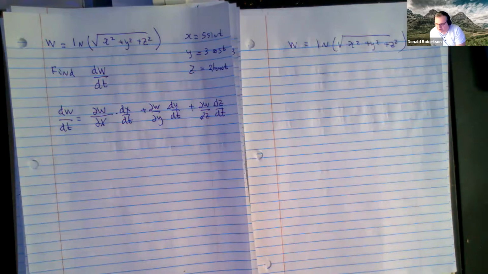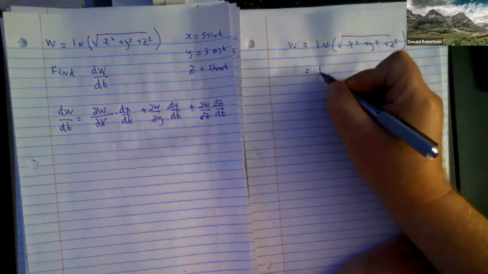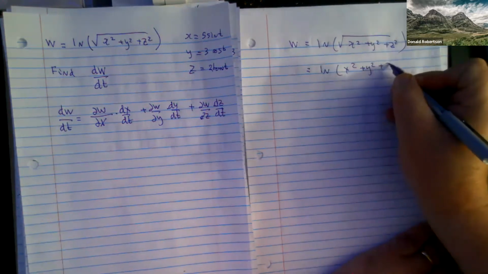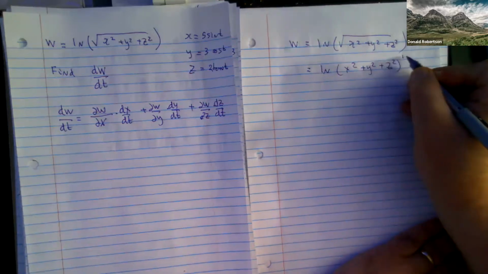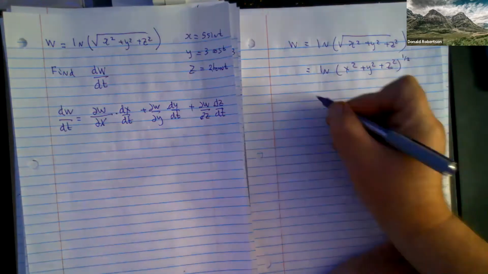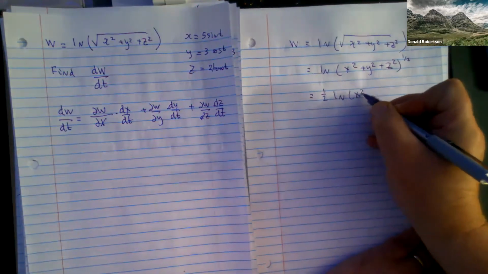It would be really ugly. So I'm going to do this. Square roots can also be thought of as half powers. Logs of half powers can be written as a half of a log.